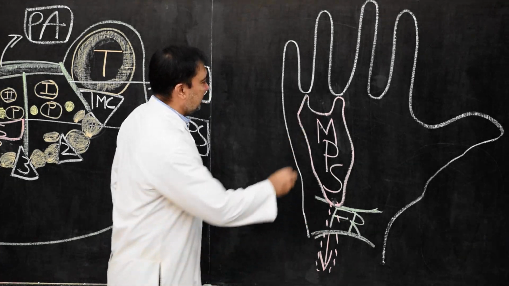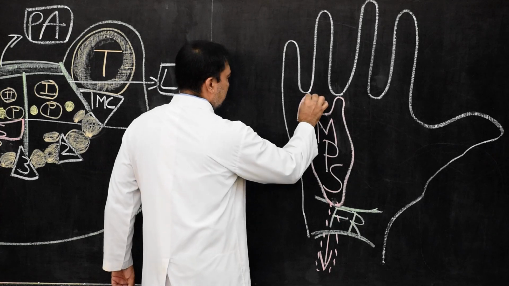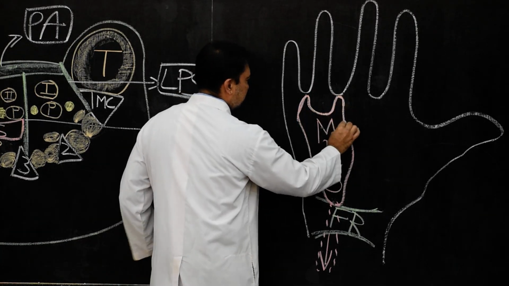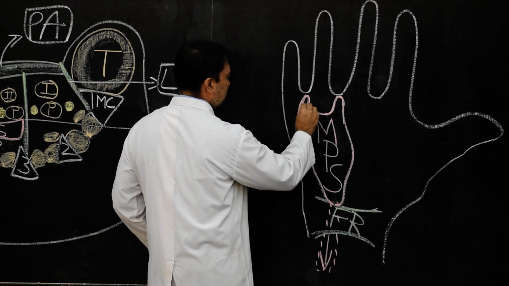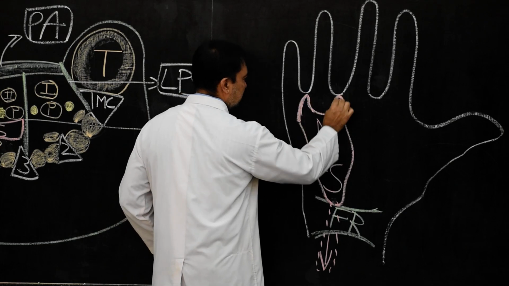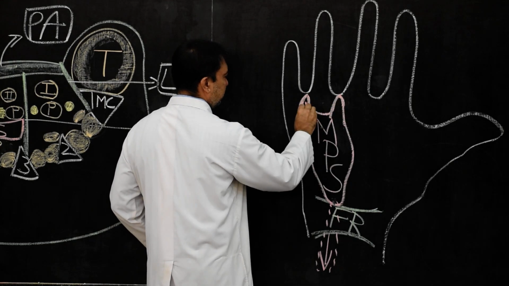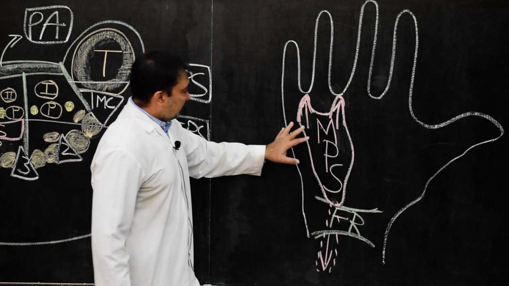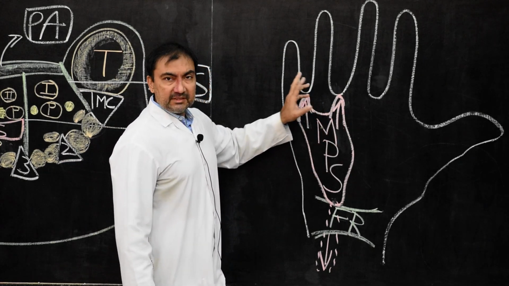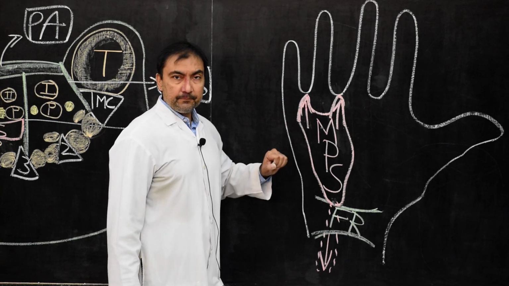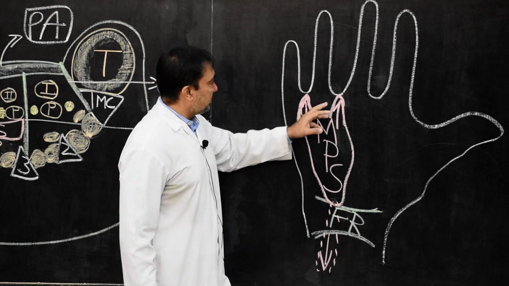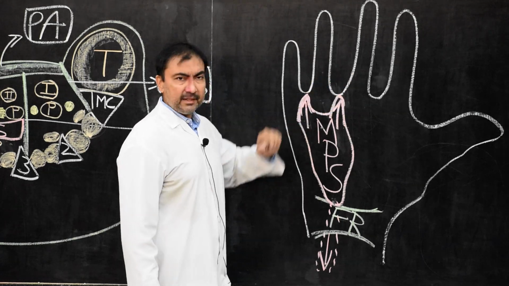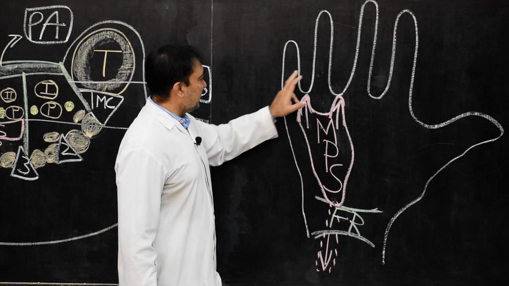Now what about the distal boundaries? See here, we have drawn the distal boundaries in such a way that they will extend in the form of, if I put these two arrows, diverticula. So distally they will extend as diverticula towards the web. Which webs? The web between the middle and ring finger and the web between the ring and little finger.